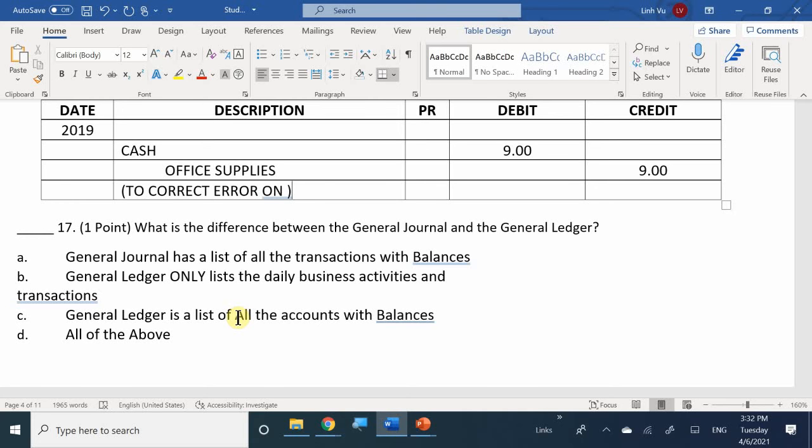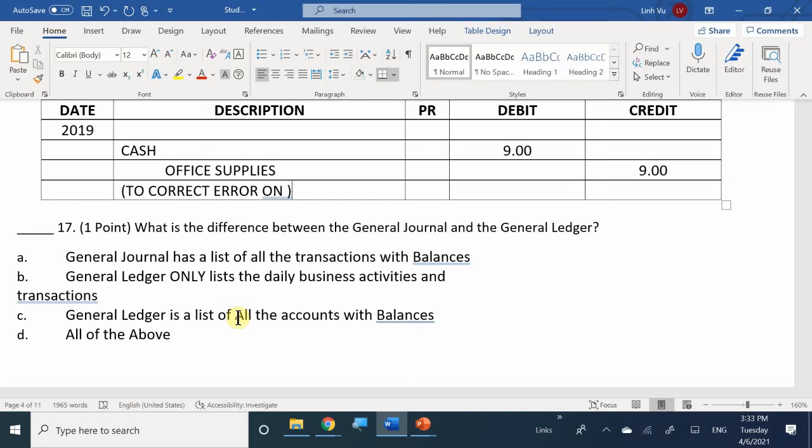Does the journal list out all the accounts with their balances? No. Well, it's going to be B because that's the only one that says only list the daily business actions and transactions. Does the ledger do that though?